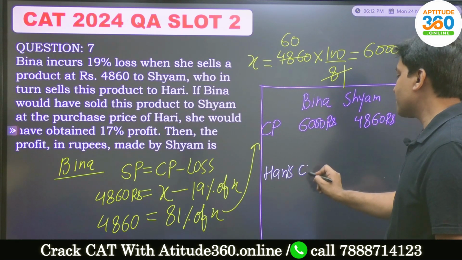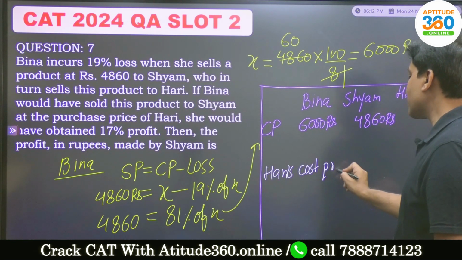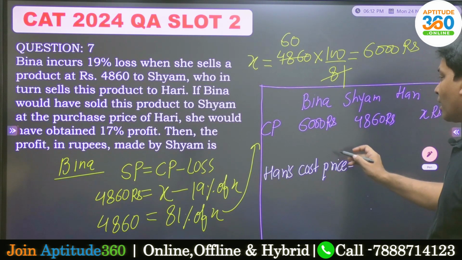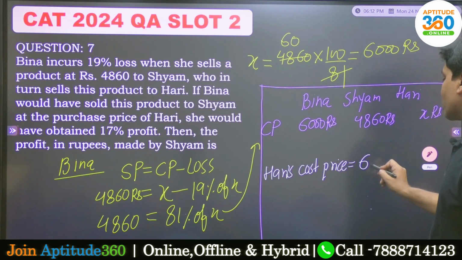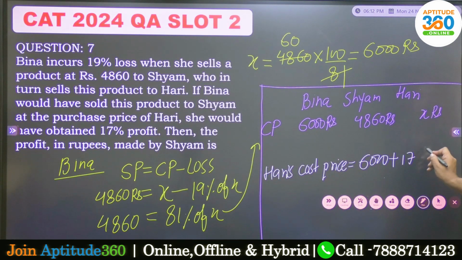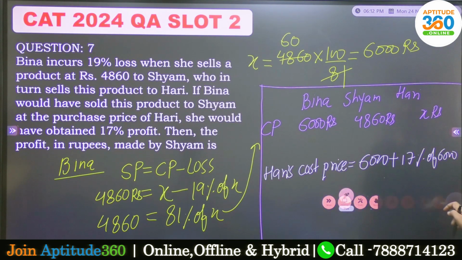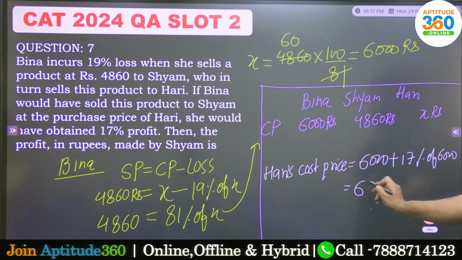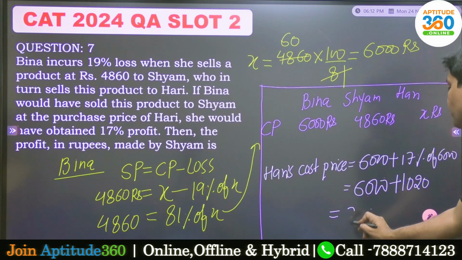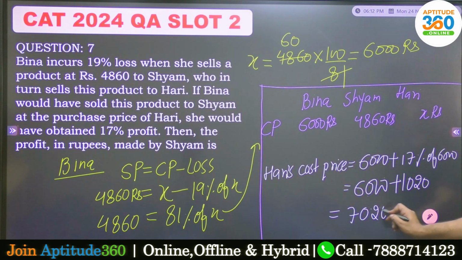Hari's cost price. So Hari's cost price is going to be how much? Selling price of Beena. So that is going to be what? 6000 rupees is the cost price plus 17% of 6000. Right? So this is going to be what? 6000 plus 17% is 1020, and then this price comes out as 7020.